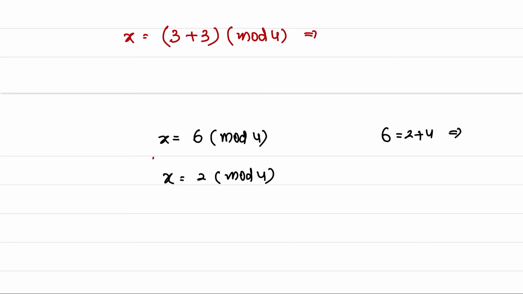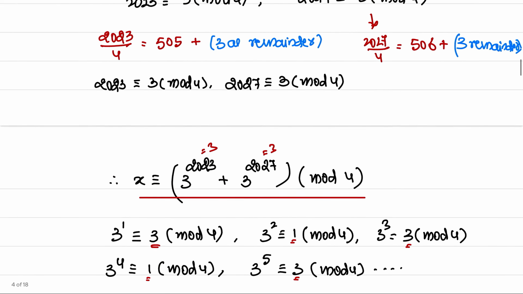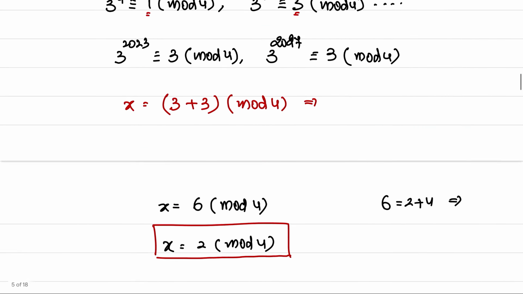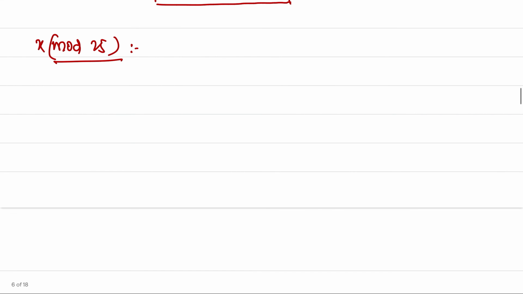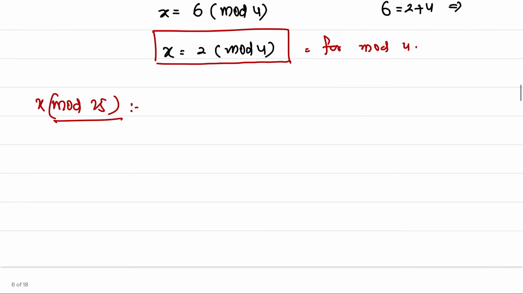This is for when mod 4 is taken. Now, when you take mod 25, because ultimately what we require is mod 100, we have done it for mod 4. The ultimate x, we have got the value as x equivalent to 2 mod 4.